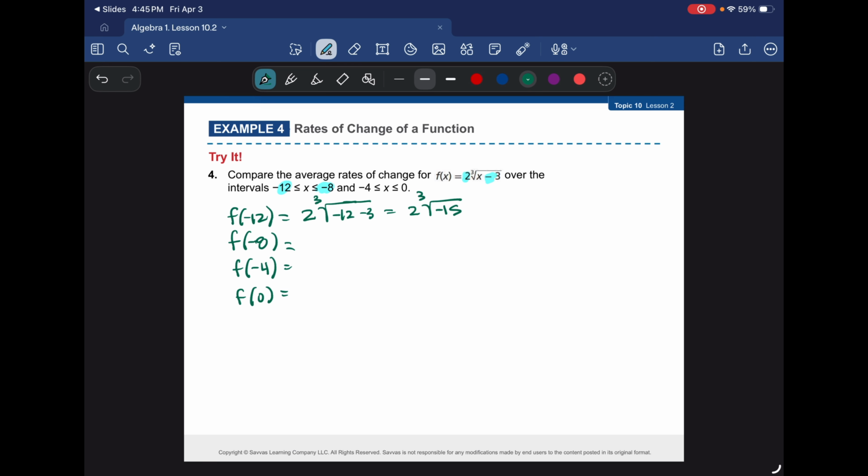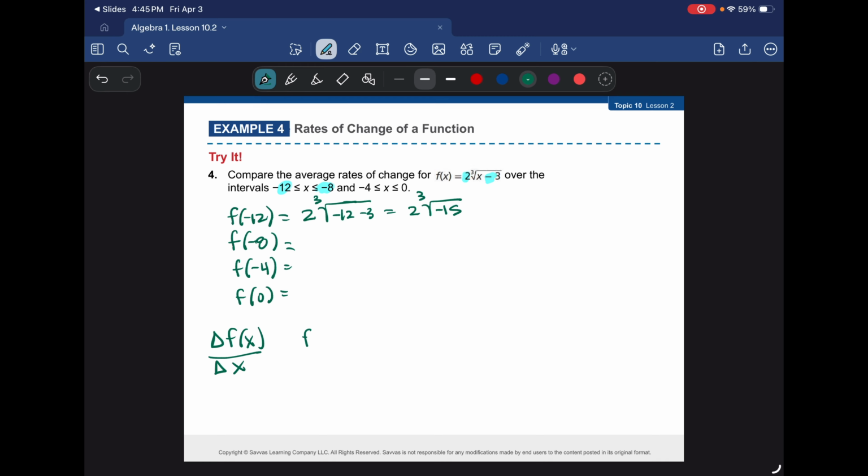After you did that, then you're going to calculate the average rates of change. And remember, rate of change is change in output over change in input. The triangle means change. So for the first one, our first point is negative 12 and our second point is negative 8.